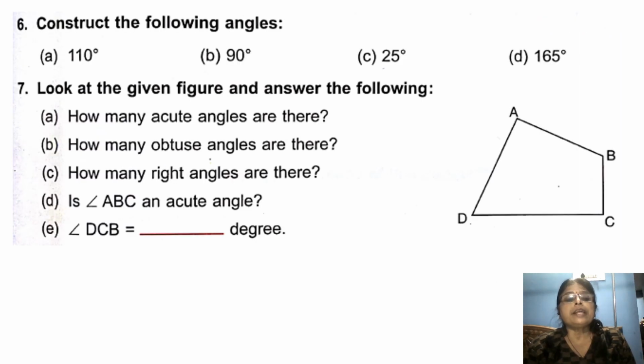Dear students, in this slide, questions number 6 and 7 are given. First question is, construct the following angles, and next one, look at the given picture. The picture is given here, and on the basis of this picture you have to give the answers to the following questions. So first you draw the picture and then give the answers.